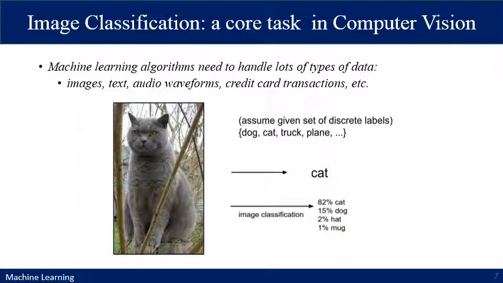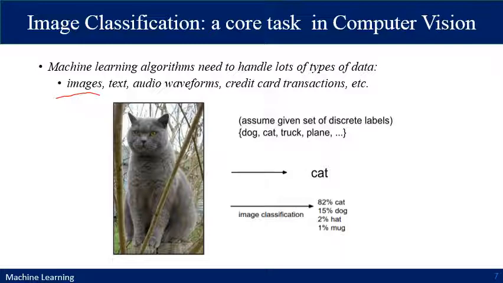So we take the example of image classification for this particular task. Image classification is a core task in computer vision, and machine learning algorithms need to handle lots of types of data. A machine learning algorithm can be fed with images, textual information, audio waveforms, credit card transactions, etc. But in this case, we take the example of images.